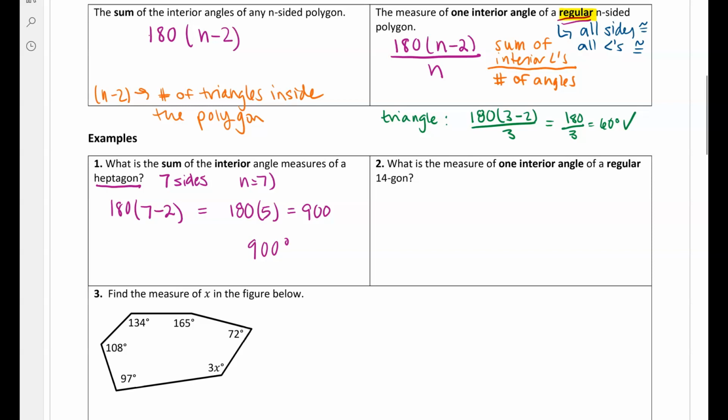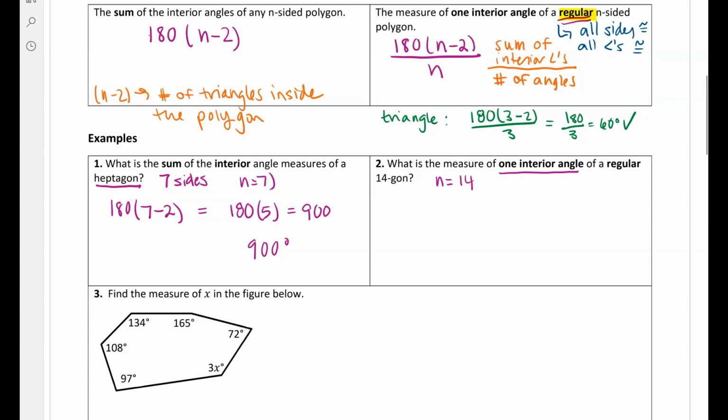For the second example, what's the measure of one interior angle of a regular 14-gon? A 14-gon is a 14-sided polygon, and if it's regular, all of its sides and angles are congruent. So if I want the angle measure of any one of them, they're all going to be the same.